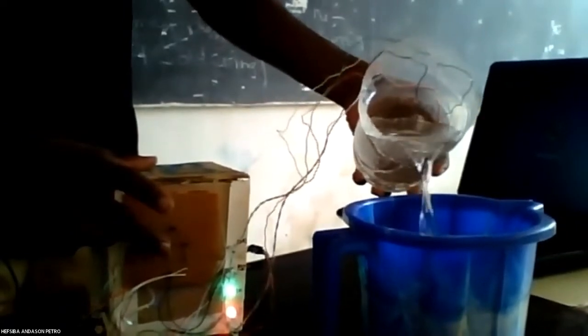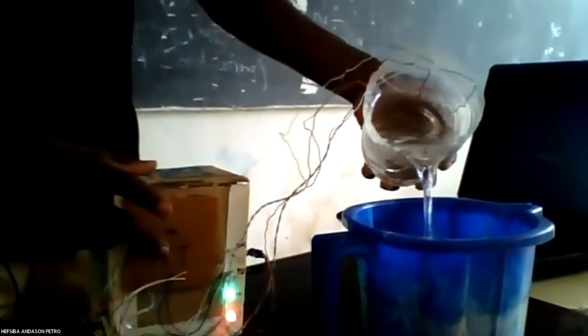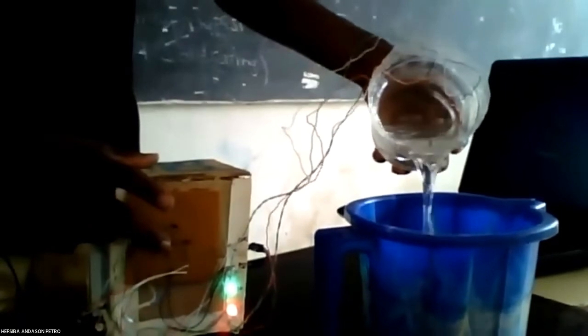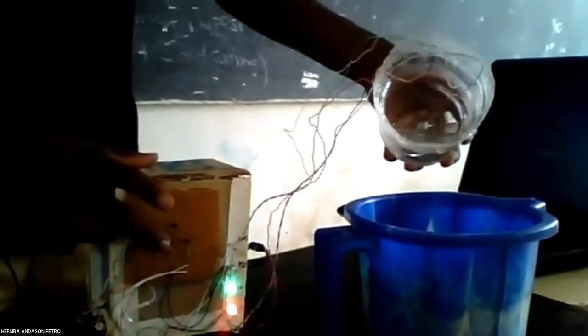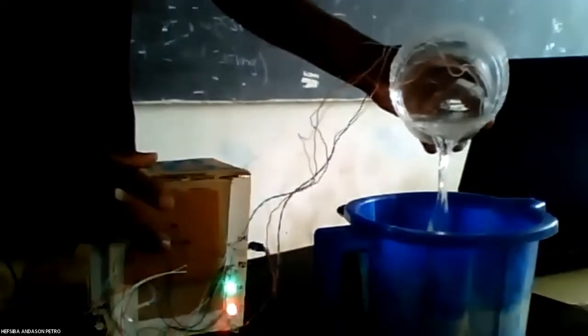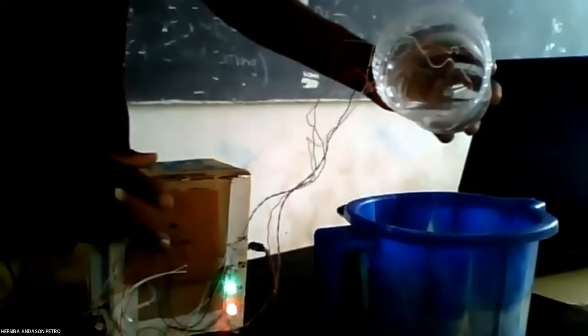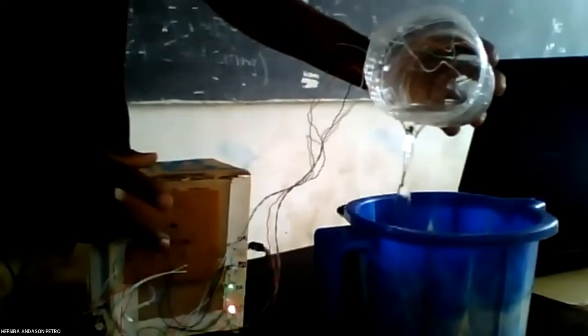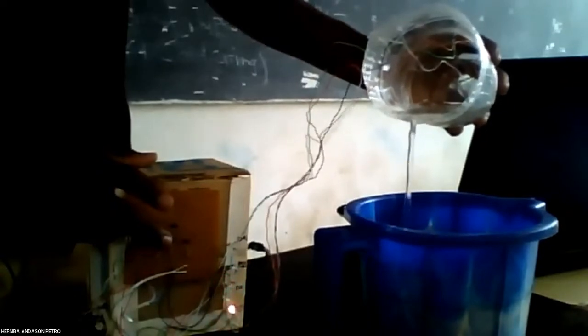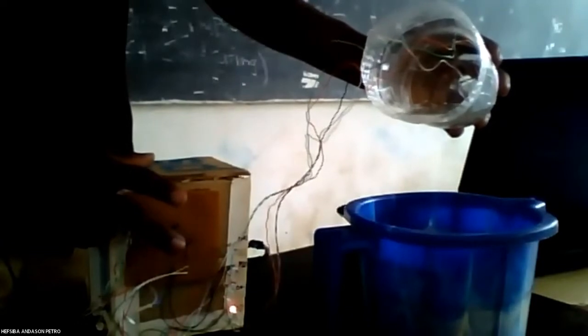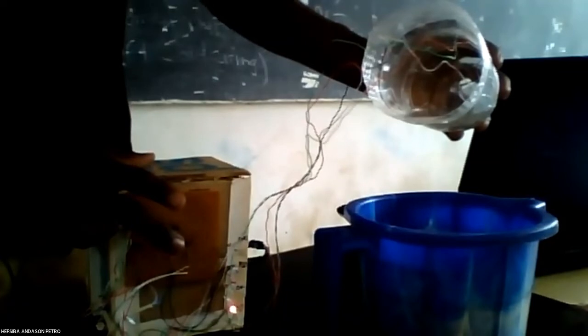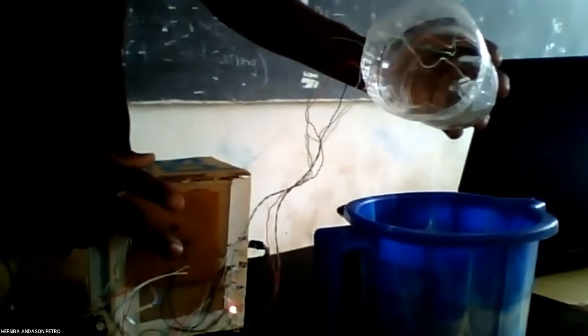Also, when we decrease the amount of water, another diode is turned off. When the red diode remains lit steadily, we determine that there is a low amount of water in our tank.